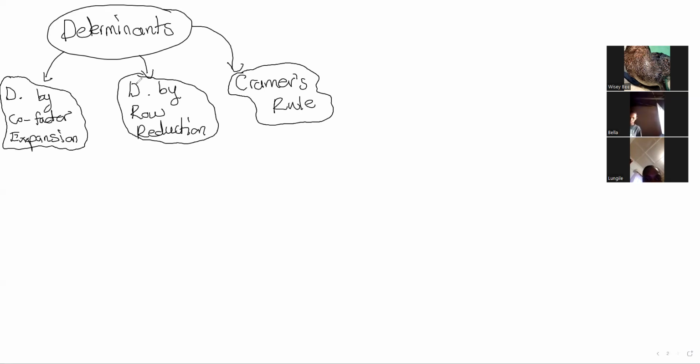So we're gonna start with the first two, and let me just combine these two. You can find a determinant by cofactor expansion or by row reduction, but you can also use both of them to find a determinant.